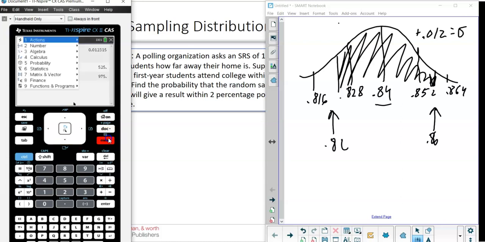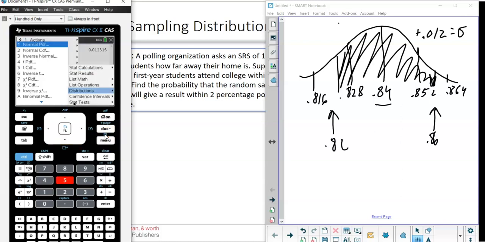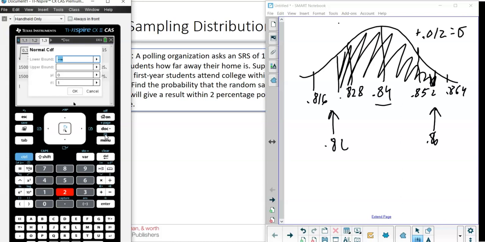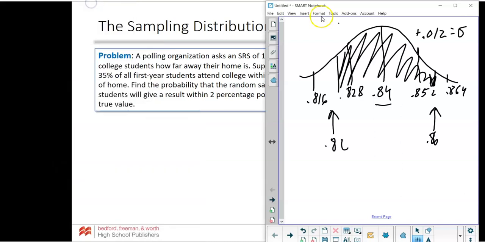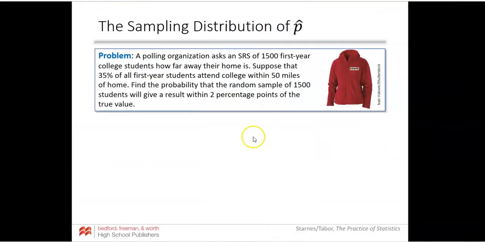Okay, so menu 652 is norm CDF. We want to go from 0.82 to 0.86. Mean is 0.84. Standard deviation is that, just copied it. And we get 89.5% of the time it's going to be within 2 percentage points.